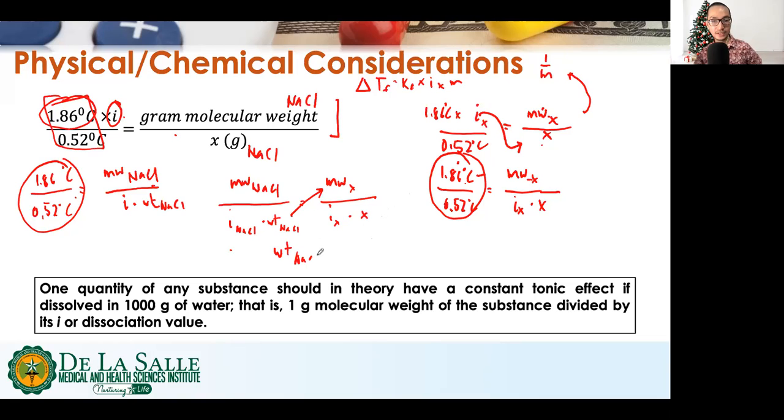So this will be the weight of the sodium chloride, and this will be equal to the molecular weight of sodium chloride, which is 58.5, divided by the I value of sodium chloride, which is 1.8, times the I of the substance, IX, divided by the molecular weight of any substance.